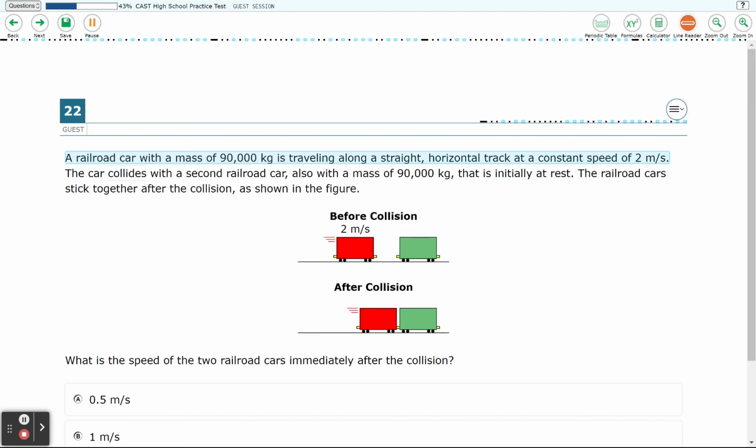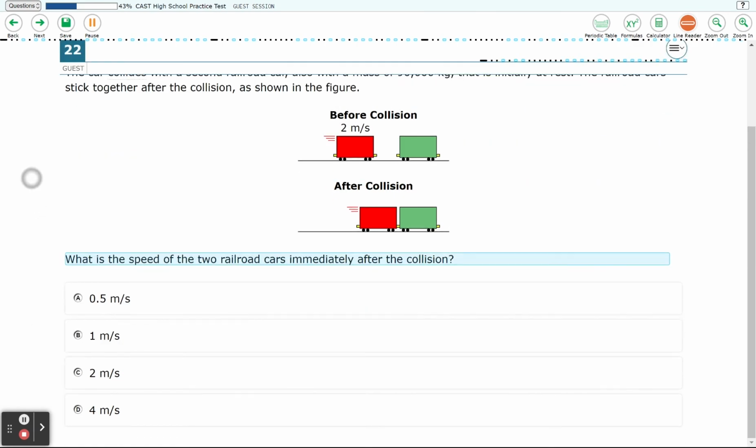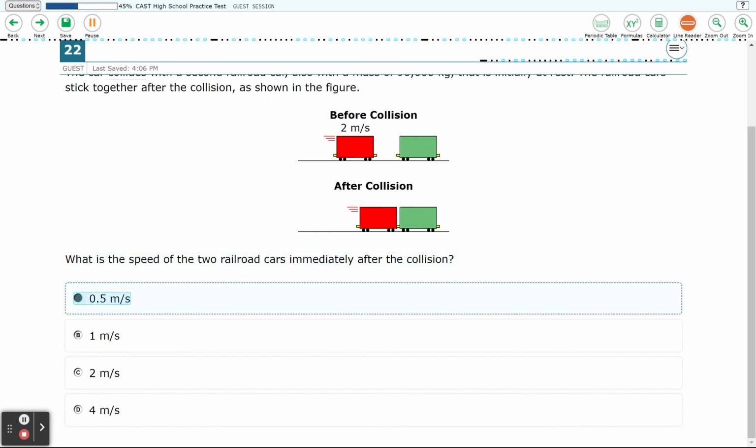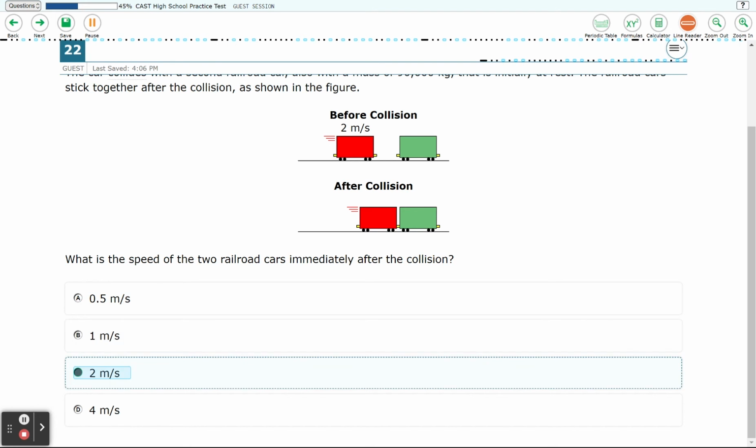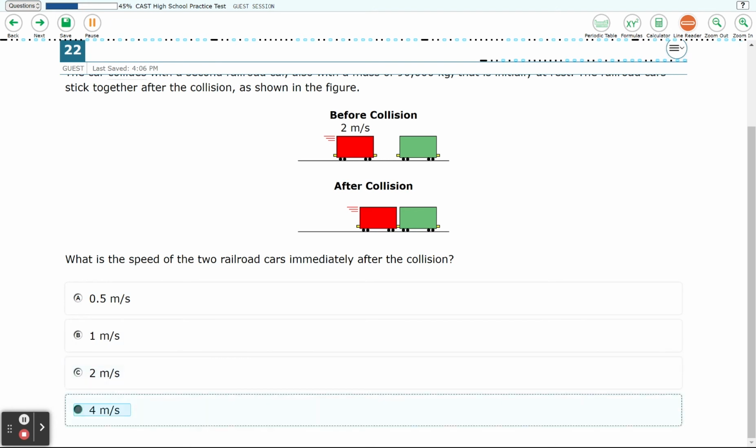The railroad cars stick together after the collision as shown in the figure. What is the speed of the two railroad cars immediately after the collision? A, 0.5 meters per second, B, 1 meter per second, C, 2 meters per second, D, 4 meters per second. Make your choice now.